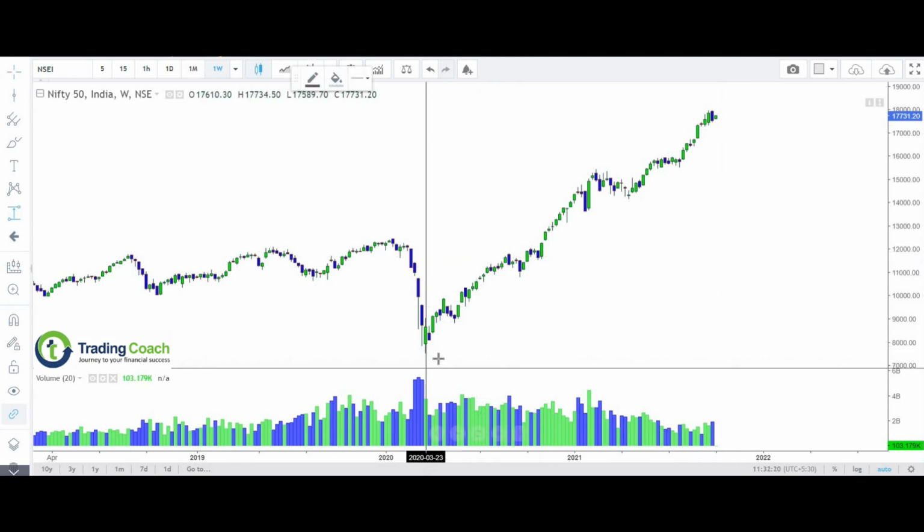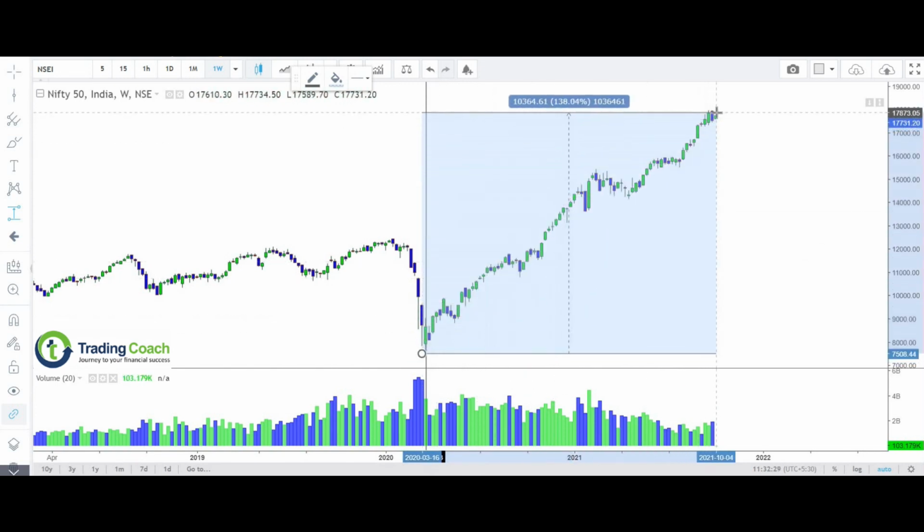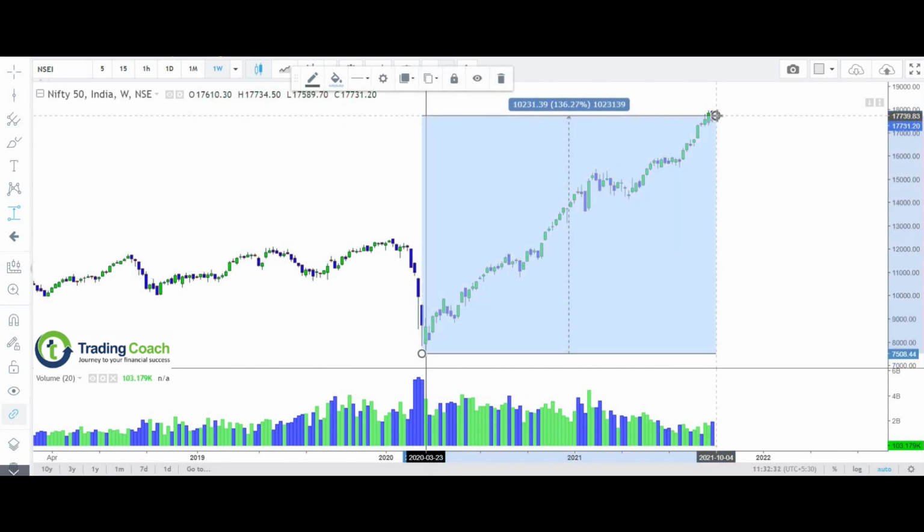The first and fundamental key point that I want you to pay attention to when you're looking at Nifty 50 is the price increase. If I look at the percentage increase in the market prices since the COVID-19 crisis, since the bottom of the market crash, we can see that Nifty 50 has actually climbed somewhere around 136.27%.